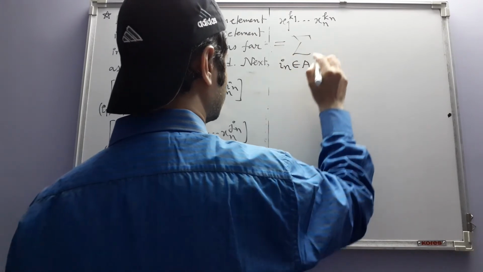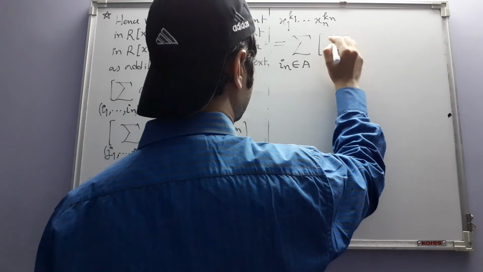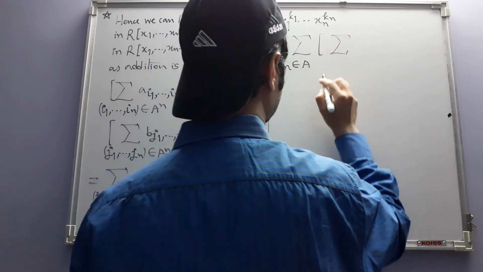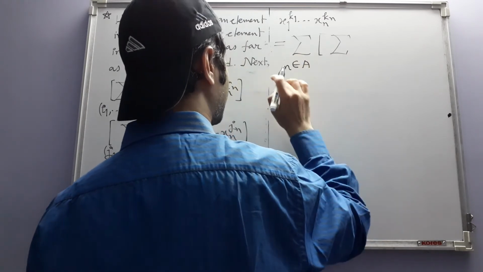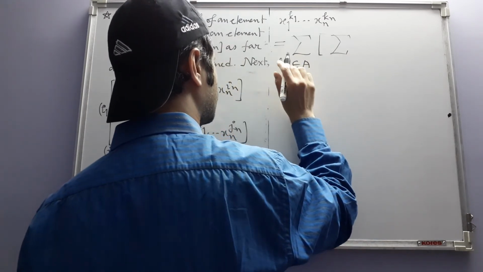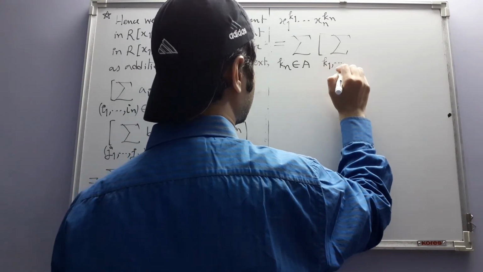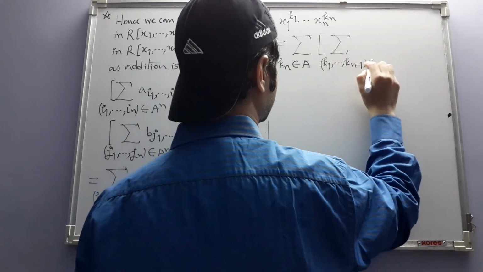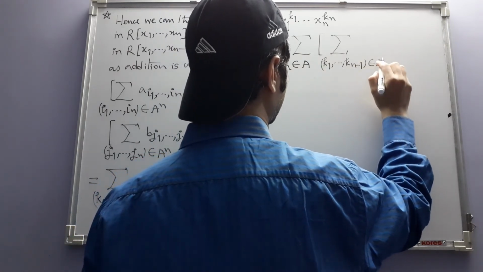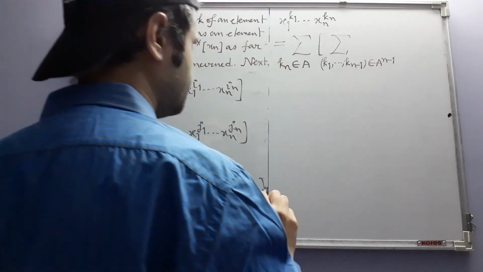Kn belongs to A, summation K1, K2 up to Kn minus 1 belongs to A to the n minus 1.